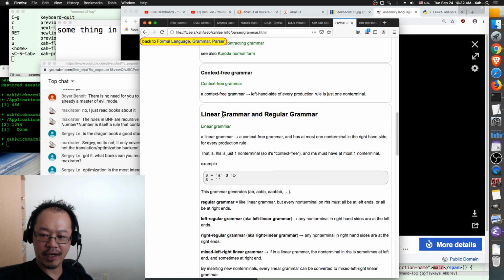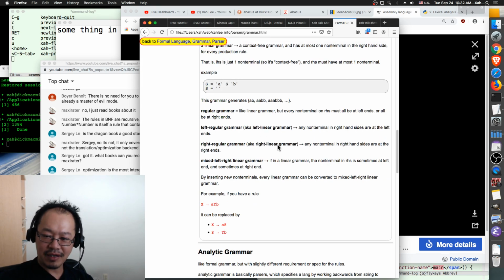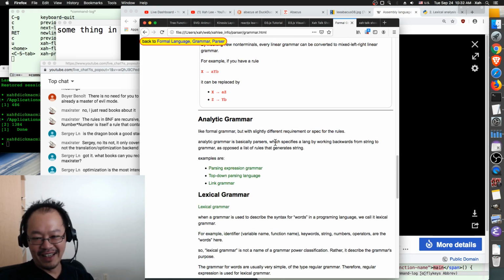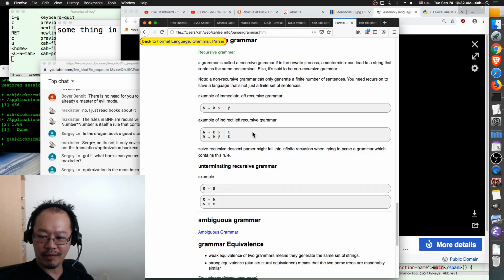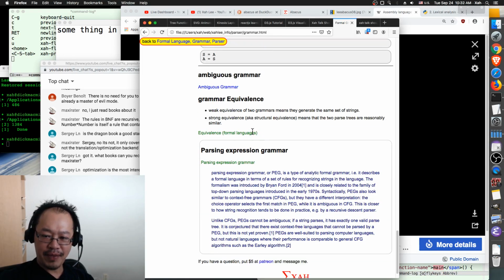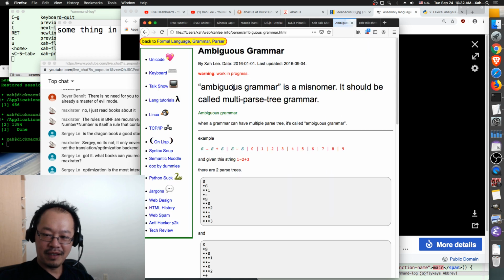You have linear grammar, regular grammar, context-free grammar. Those are the things I like to talk about. Then you have analytic grammar, lexical grammar, recursive grammar, ambiguous grammar. Ambiguous grammar is very interesting because when you study this, there's a lot of interesting theoretical computer science.